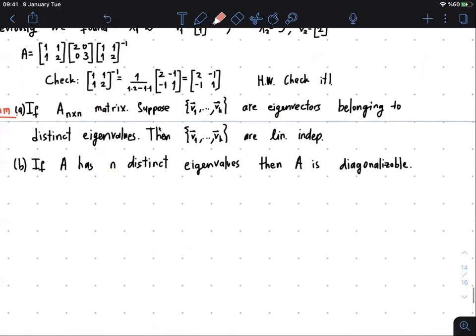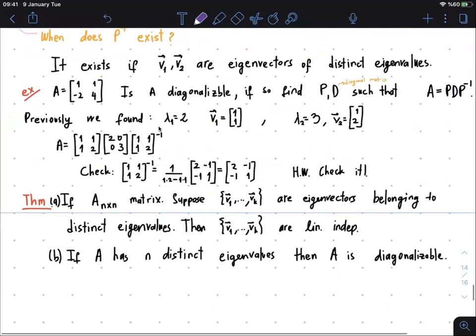So this theorem says that if we can find n distinct eigenvalues for an n by n matrix, then that matrix is diagonalizable. In the previous example, this matrix was diagonalizable because it is a 2 by 2 matrix and it has two distinct eigenvalues.